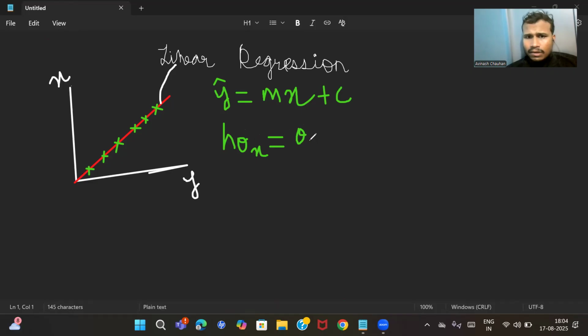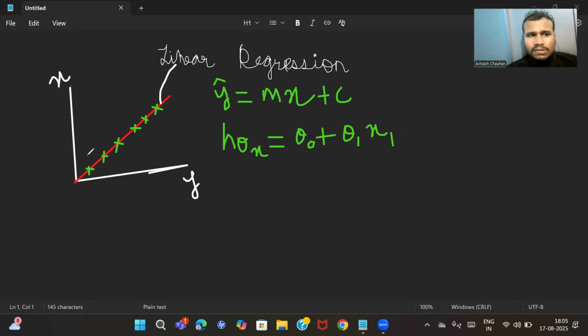my theta 0 plus theta 1 times x1, right? Here it will be x1. So what is this x1?